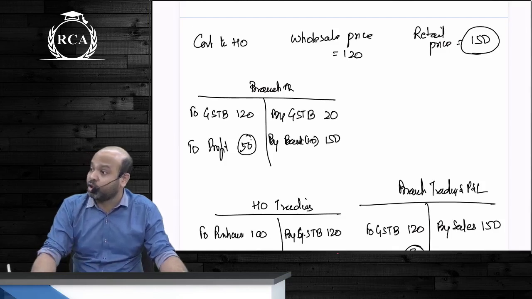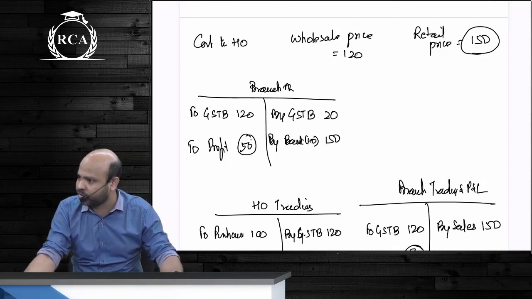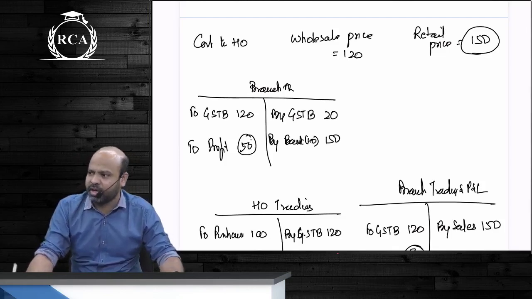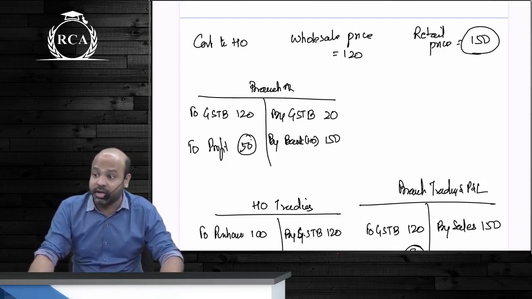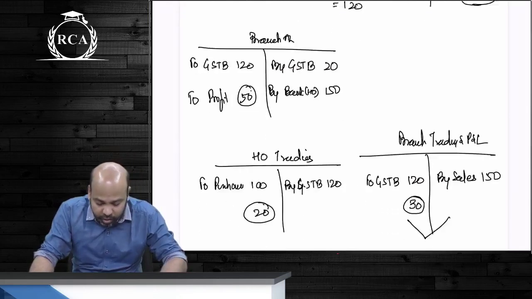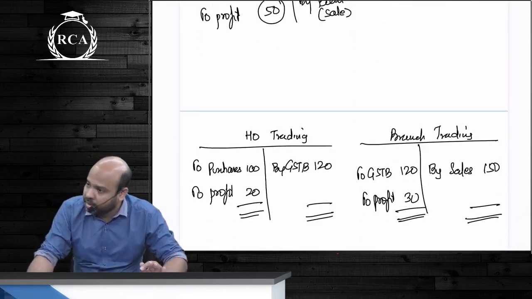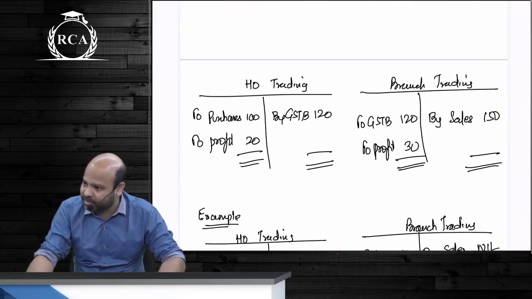That is why it will have to reverse that profit beta without fail at the year end, and that is done through unrealized profit. Whatever unrealized profit that we have on opening stock, you will write it on the credit side of trading account. Whatever unrealized profit that you have on the closing stock, you will write it on the debit side. Nothing else is there here, beta. Are we clear? This was about wholesale price method.